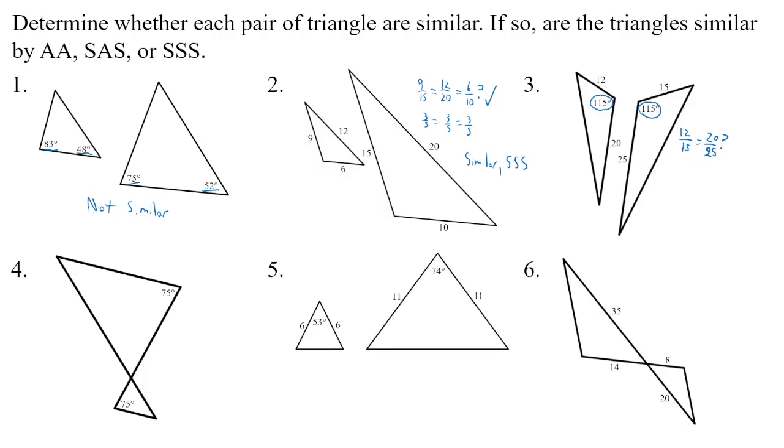Let's see. Well, 12 over 15 reduces to 4 over 5. And 20 over 25 reduces to 4 over 5. This is true. So the triangles are similar by side-angle-side.